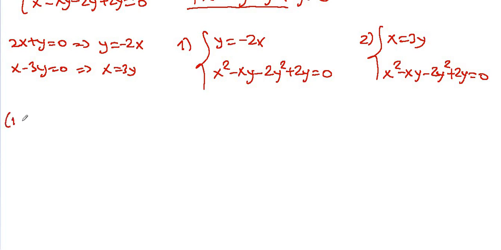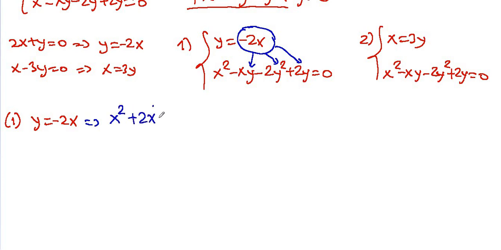If y is equal to minus 2x, then I have to substitute minus 2x into y. So now I will get x squared plus 2x squared minus 4x squared minus 4x is equal to 0.